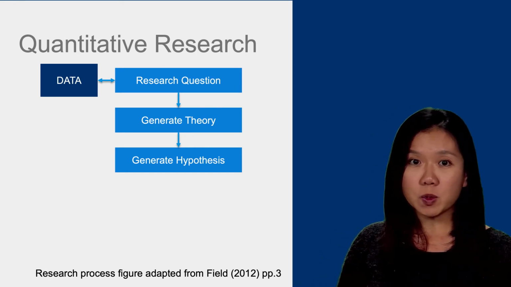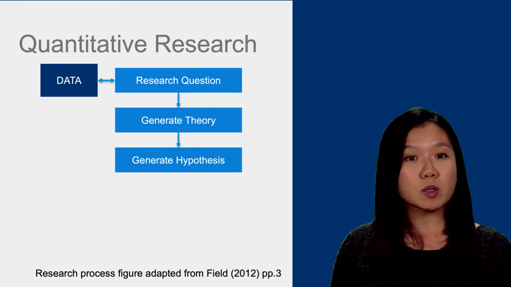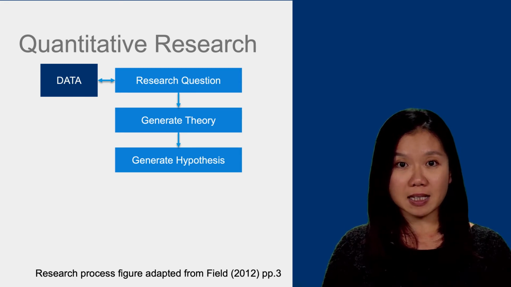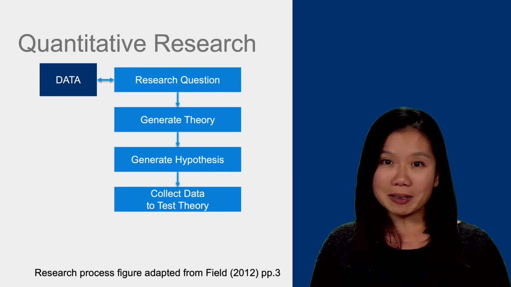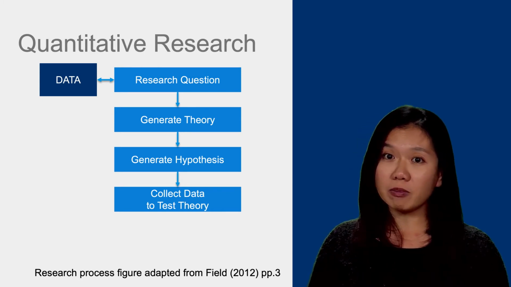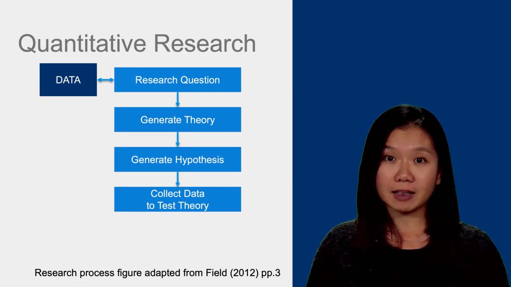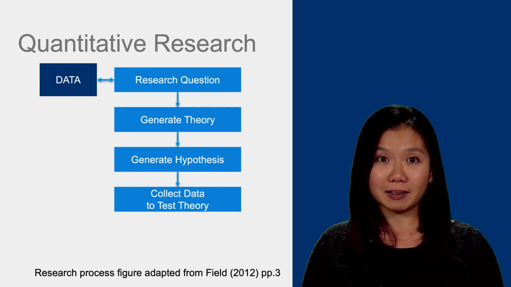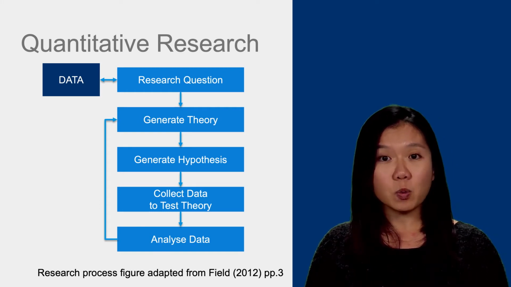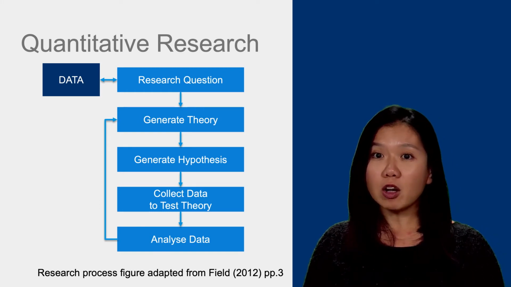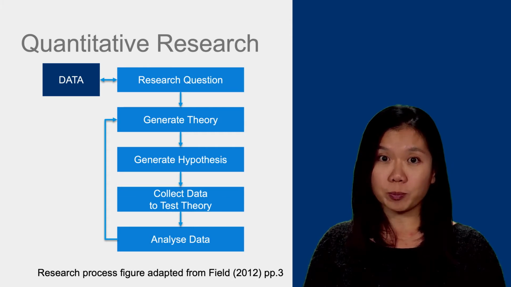For example, students who play the simulation game will score higher in the research methods test than students who did not play the simulation game. Hypotheses can be confirmed or disconfirmed empirically by means of collecting and analyzing data. After data collection, we use statistical methods to analyze the data as a way to test our hypothesis in order to check if our theory is true.